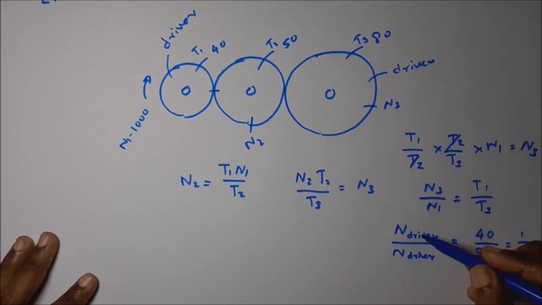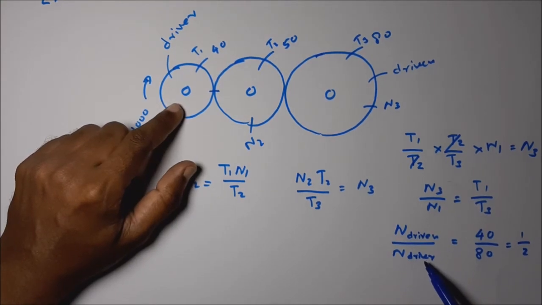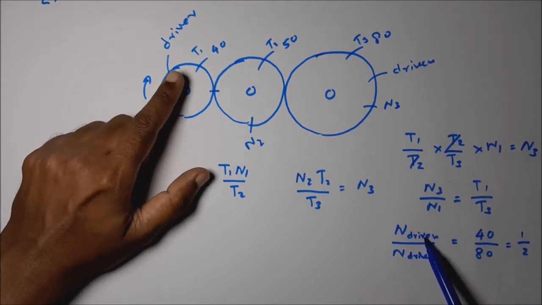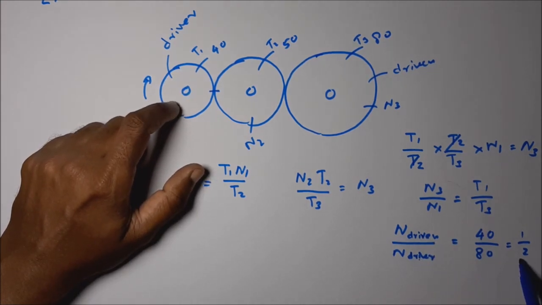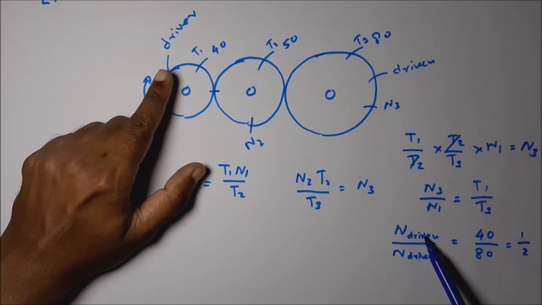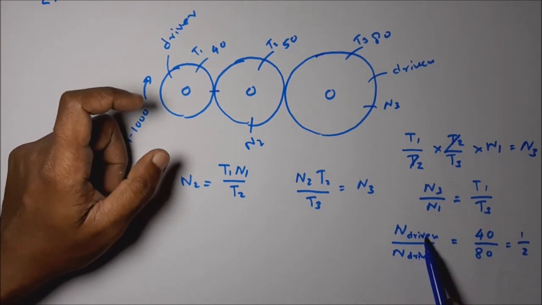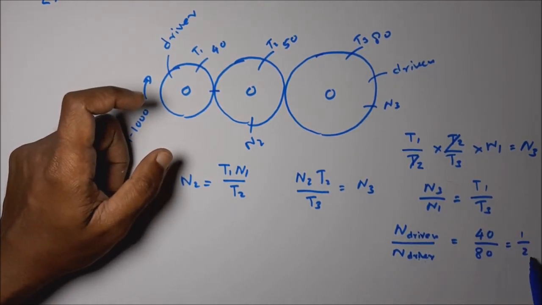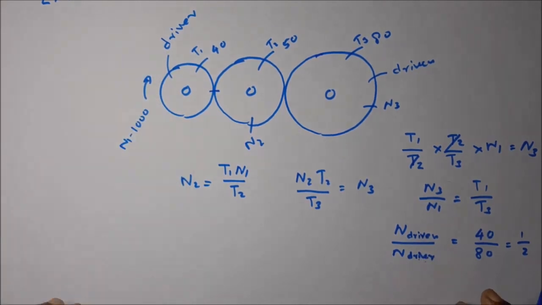That means when the driver produces 2 revolutions, the driven produces 1 revolution. Driven 1, driver 2. That is the ratio.